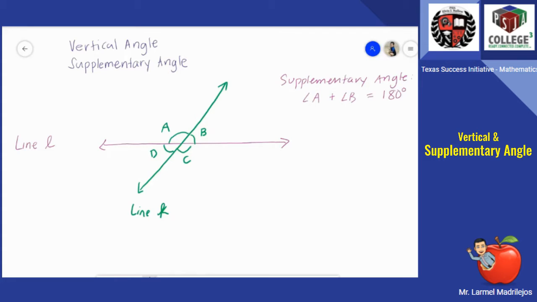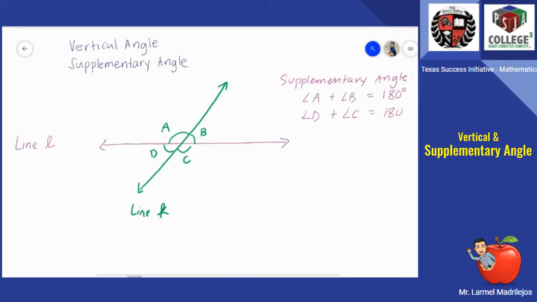So on line L, angle A and angle B, you add them, it equals 180 degrees. Same thing with angle D and angle C. Angle D plus angle C is also 180 degrees.